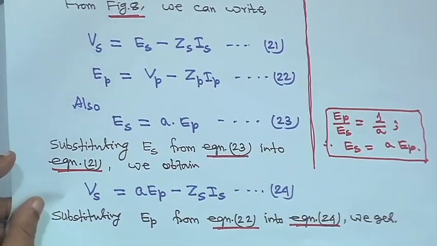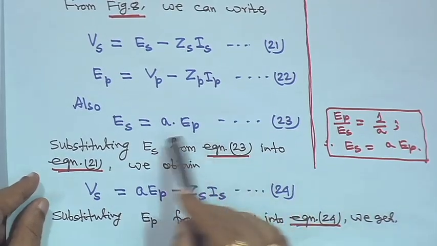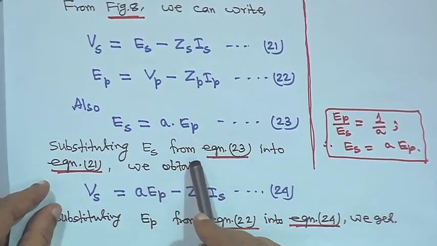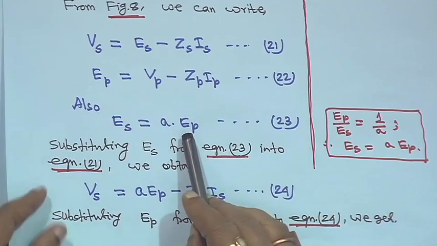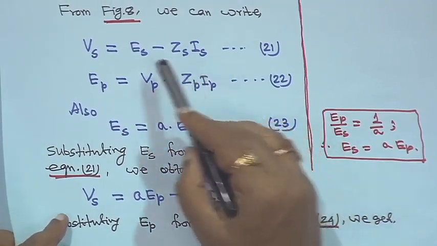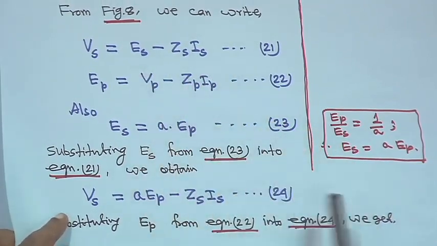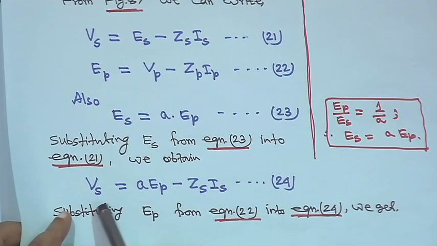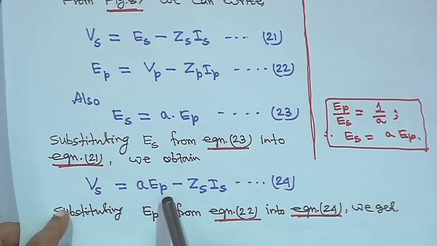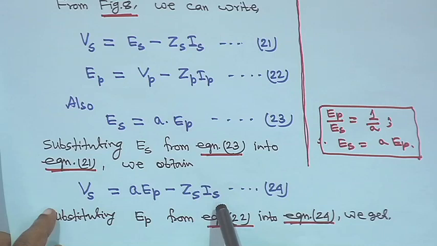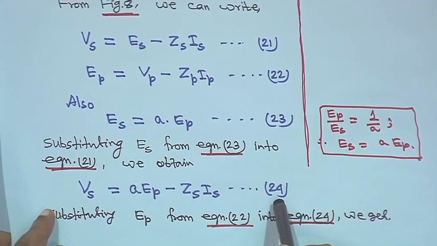Therefore, this ES is equal to AP. Substitute ES from equation 23 into equation 21. If you do so, you will get Vs is equal to A into EP minus Zs into Is, right, that is equation 24.